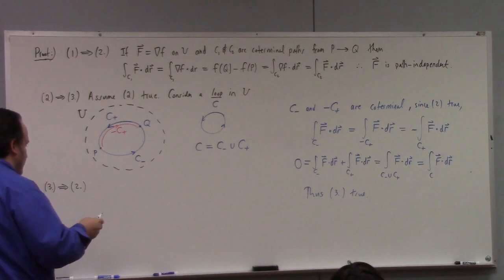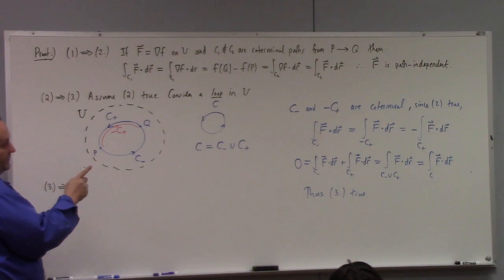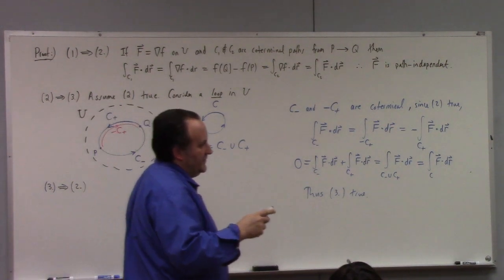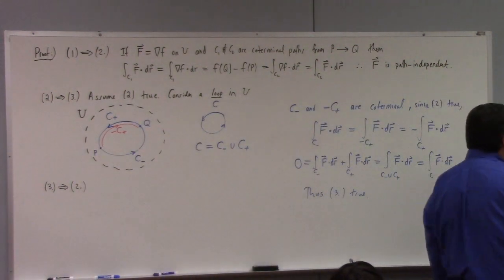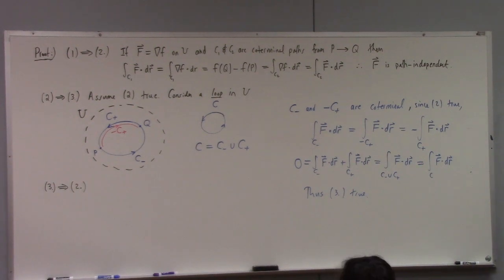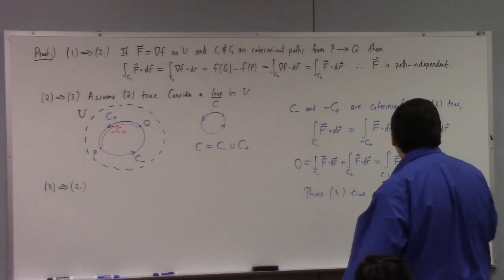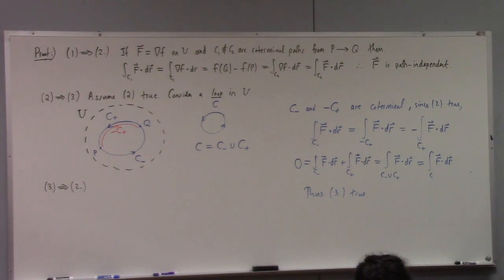If I have two coterminal paths, I'm assuming 3 implies 2. I'm assuming that the integral around all closed curves is equal to 0, right? Well, the closed curve doesn't have to... I'm sorry, I've lost my train of thought.